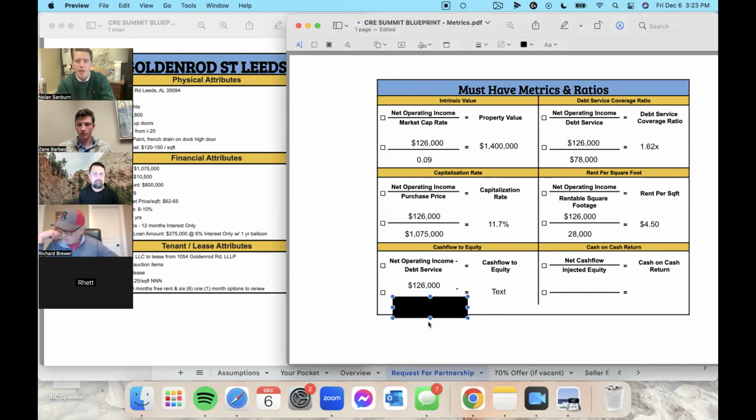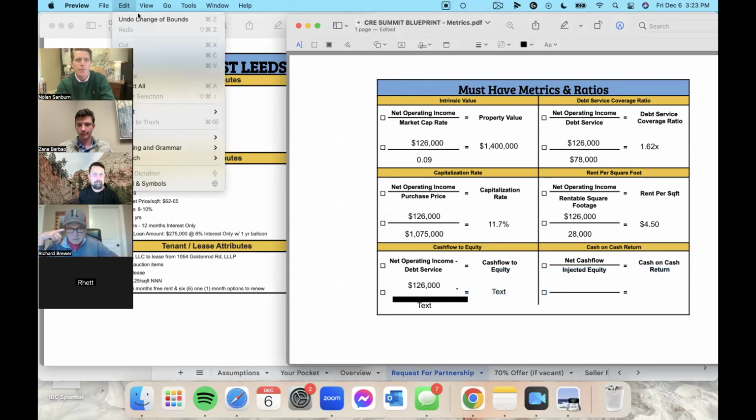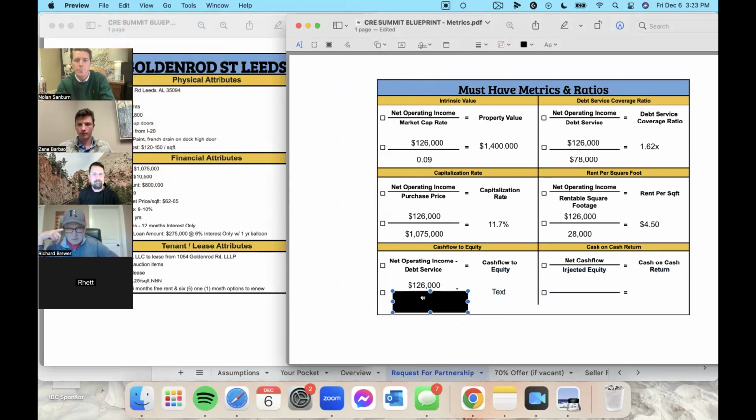It looks like subtracting. I was trying to be fancy with my little bar here. 126,000 minus our debt service, which is 78,000. Which is going to equal how much?